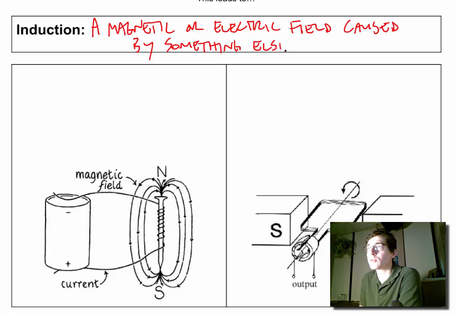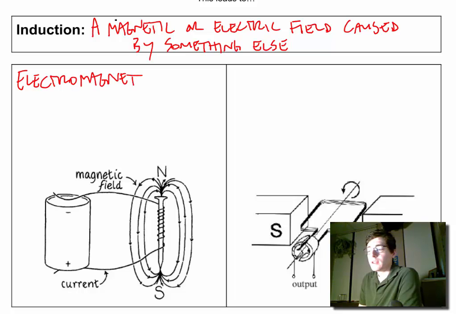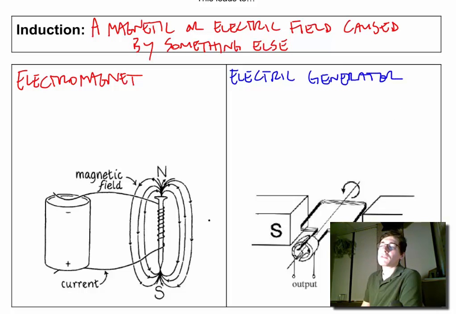We're looking at general principles right now. On the left-hand side, this thing is called an electromagnet. And on the right-hand side, this is an electric generator. They run on the same principle, but they're a little bit different in their setup.